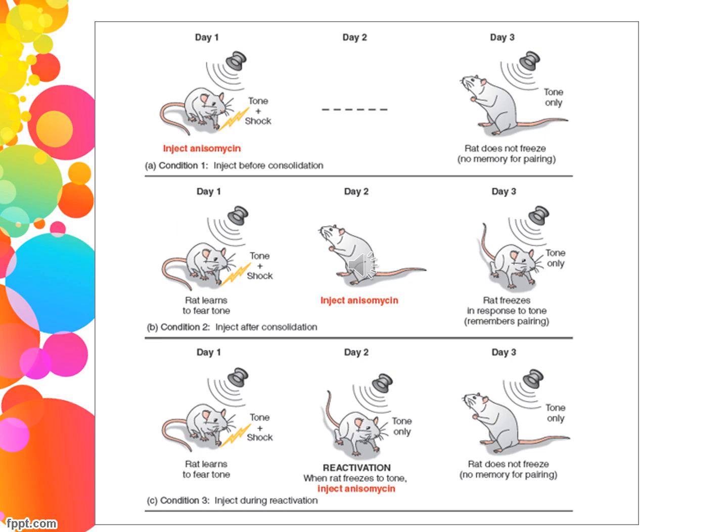So again, it interrupts the new consolidation from happening. On day 3, they try again and play the tone. This round, the rat does not freeze. It means that they interrupted the second round of consolidation, so the memory was disrupted.